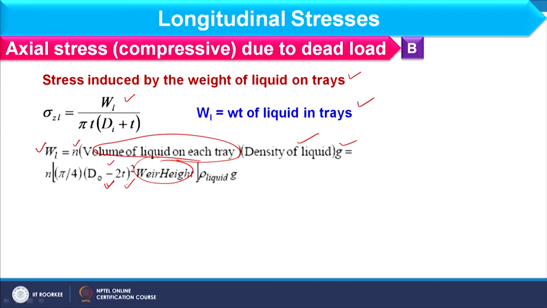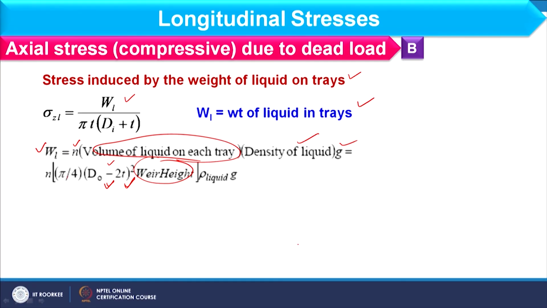So, internal diameter square into height will be the weir height, and pi by 4 we consider. So, basically what I am considering, that whole internal diameter will have the liquid. I am not considering here the downcomer section, okay, because that will be small in comparison to whole plate.